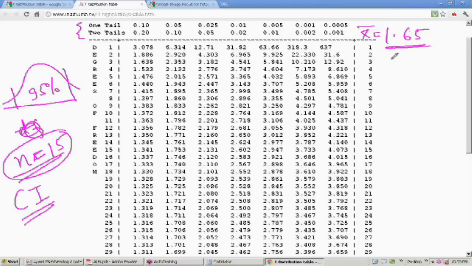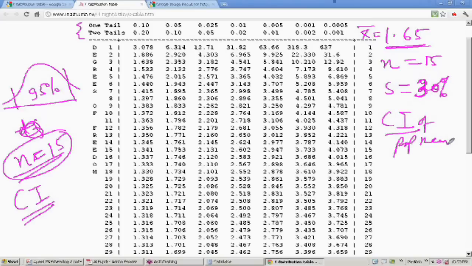The sample size is 15. Assuming the standard deviation of the sample we got is 30%, because when you take a low sample size, the standard deviation typically comes higher. Give me the confidence interval of the population mean. Is the question clear? The sample size is 15.